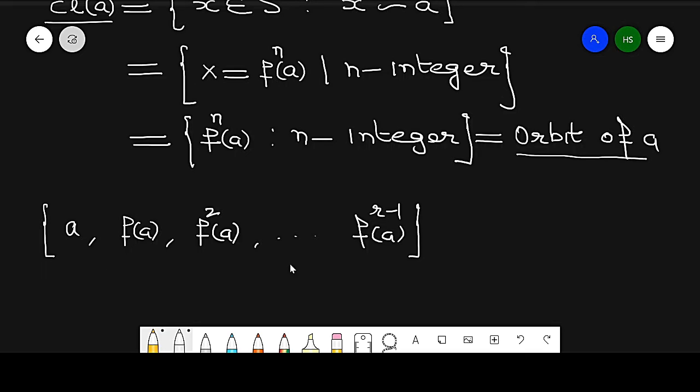This is also called a cycle, a cycle of a permutation.